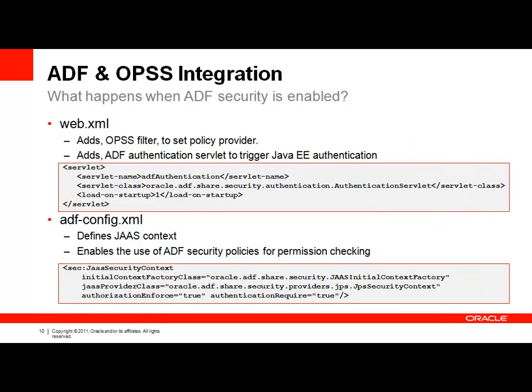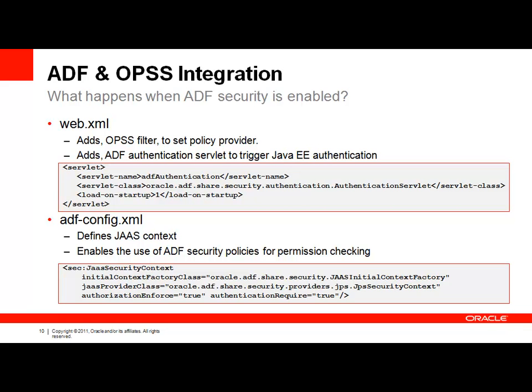As soon as you enable ADF Security, I mentioned that the web.xml file will be updated with a servlet, the authentication servlet. You see the example of the authentication servlet configuration on the slides. But then there's another file that gets changed, and this is the adf-config.xml file.